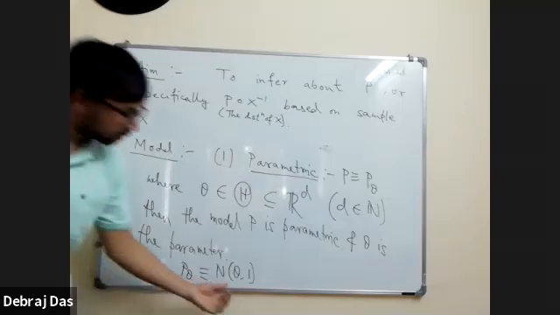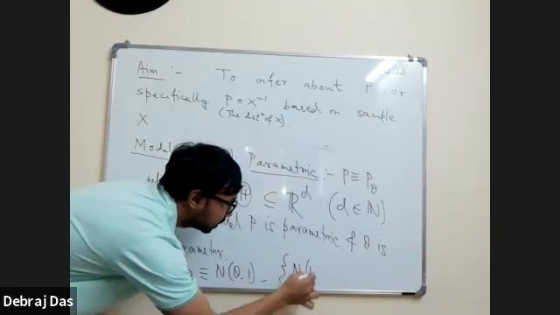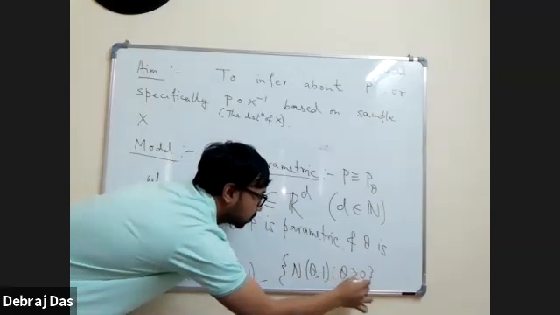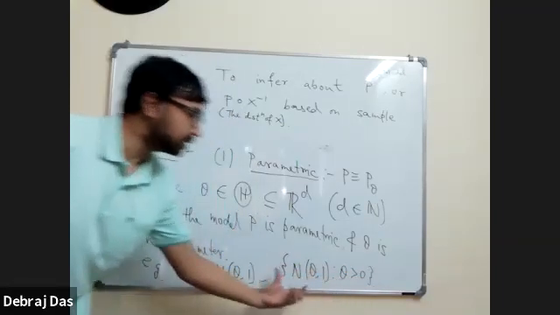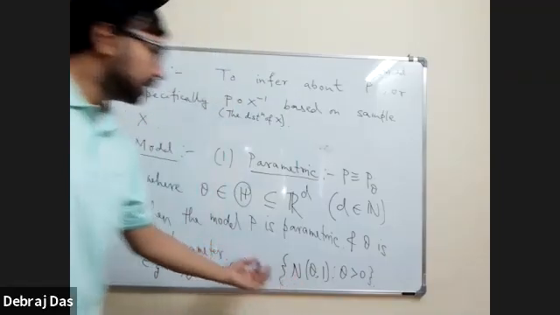So here, this theta characterizes the normal distribution, right? So you may be interested only in this class of model. So here, this theta characterizing the whole family of the model, right? So here, this theta is the parameter, and this model is a parametric model.